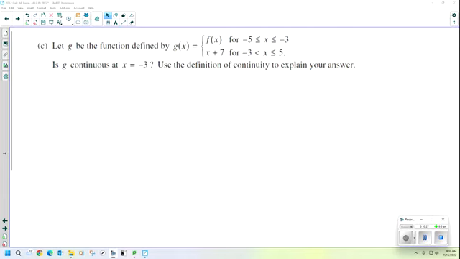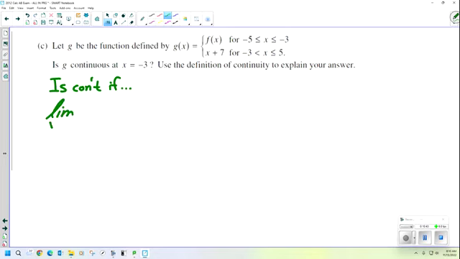Maybe you can try to finagle a graph, but the definition of continuity states that a function is continuous if the limit as x approaches a value, in this case -3, of my function is actually equal to the value of the function at that x value.